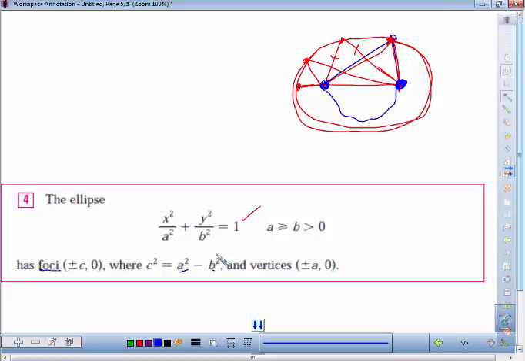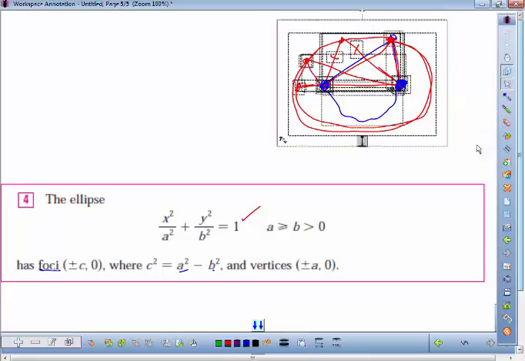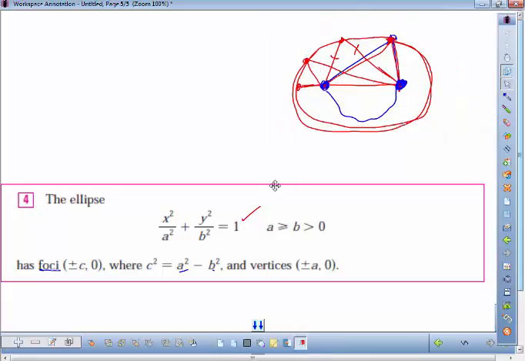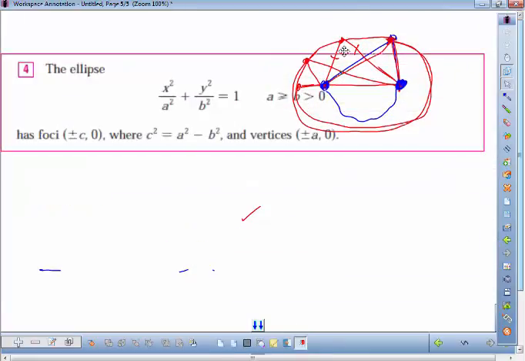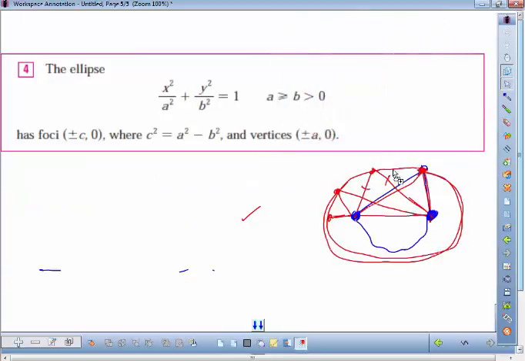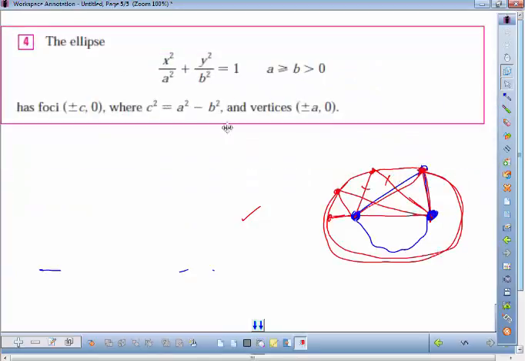And this, by the way, is an ellipse centered at the origin. Let me switch the order here. So let's make note of that.